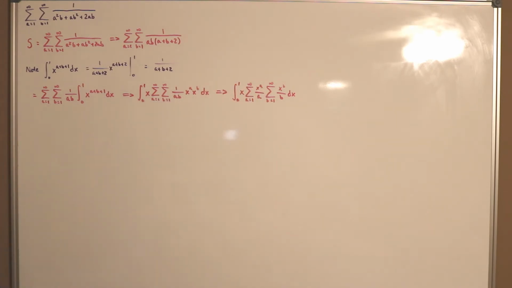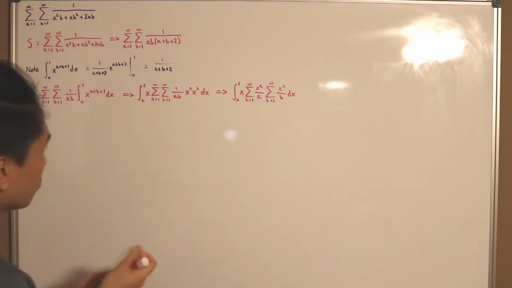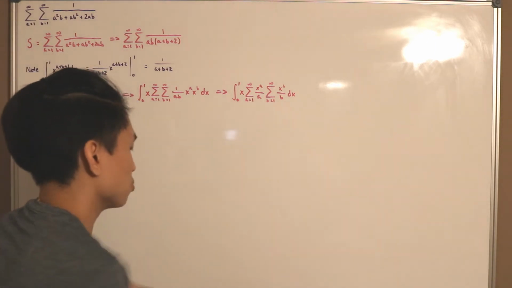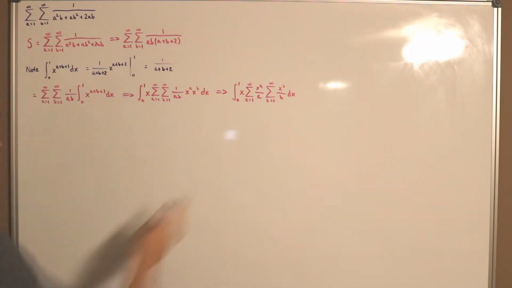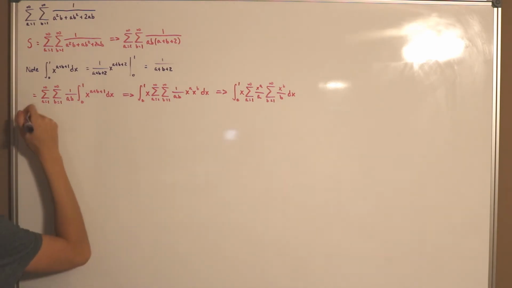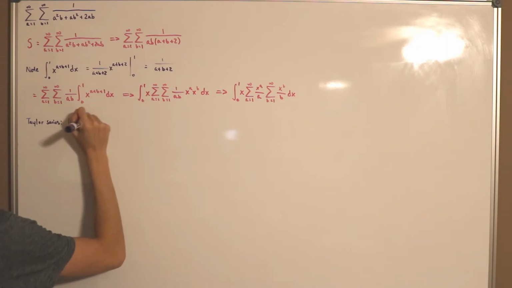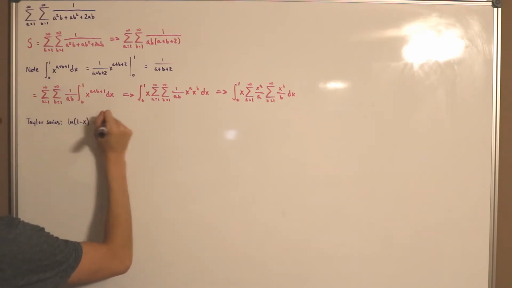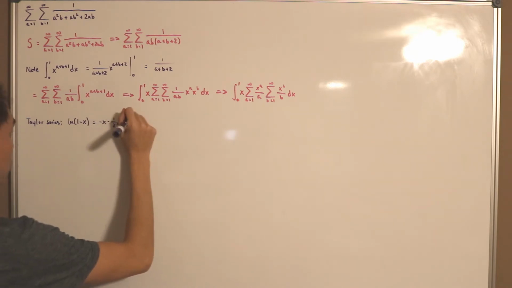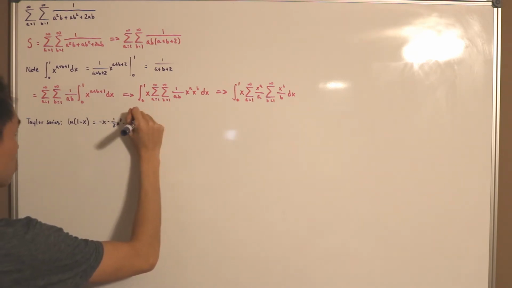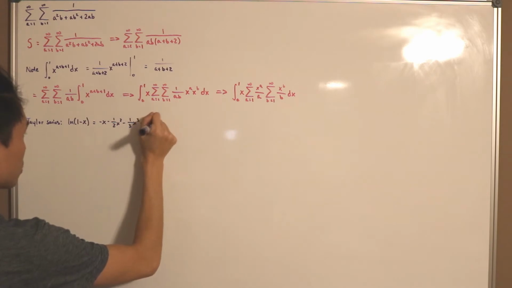So now what I'm going to do next is replace both of the sums with our Taylor series expansion. So note that the Taylor series of ln of 1 minus x is equal to negative x minus 1/2 x squared minus 1/3 x cubed, and so on.